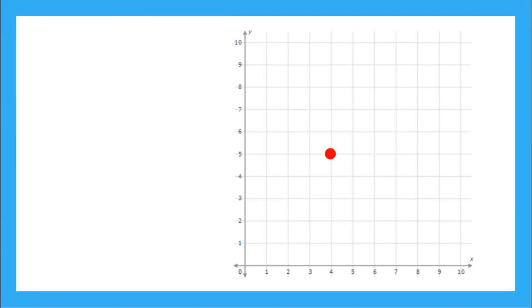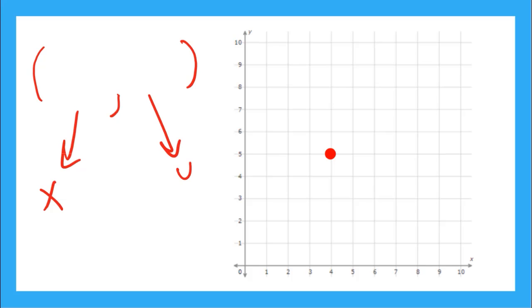Let's try a different style problem. So now on this one, I already have my point here, and what I need to find are my missing coordinates. So I know there's going to be a parenthesis and a comma. This spot here is going to be my x-coordinate, and this spot here will be my y-coordinate. How am I going to find my x-coordinate if I have my point here? I know that my x-coordinate lives down here on the x-axis, so if I just make a little dashed line down here, it lives at the x-coordinate 4.